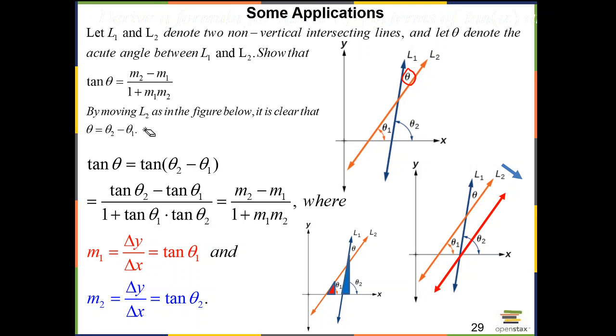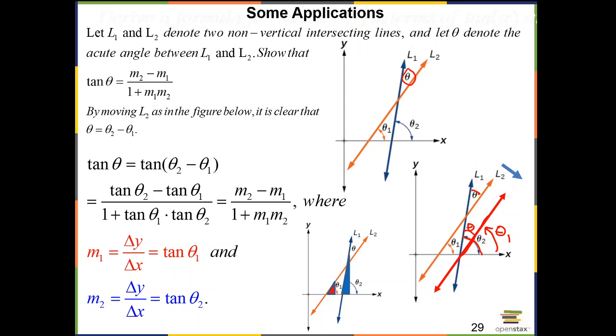So by moving L2, as in the figure here, you see if I move L2 over here, you see that this angle right here is actually theta 1, and this angle right here is theta 2. So the angle that they make here, this angle here, is theta 1, which becomes this one if I move this over here.